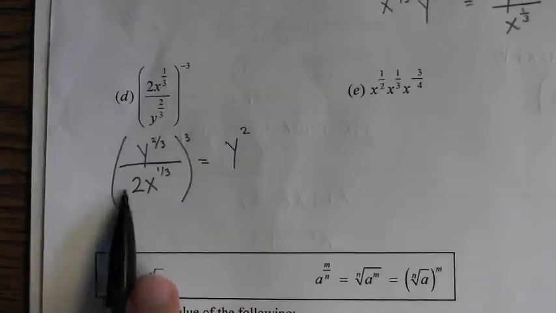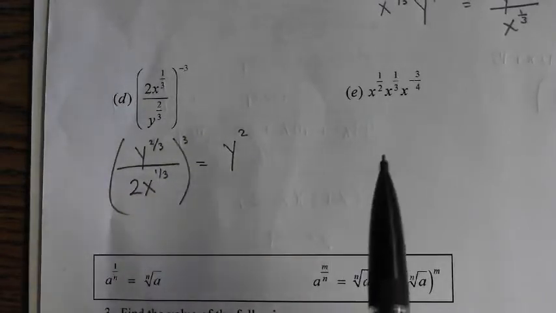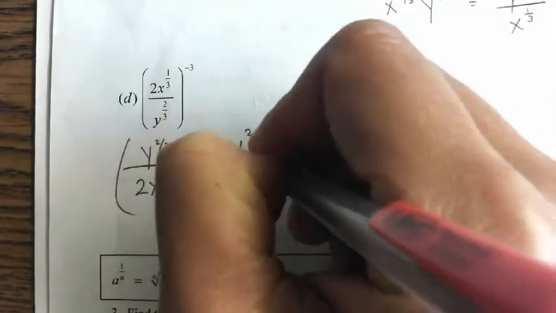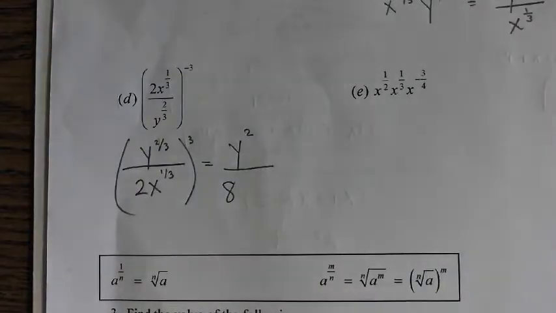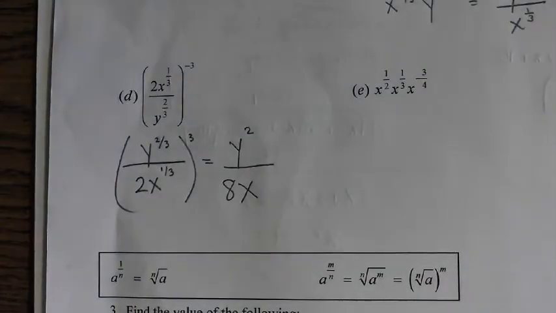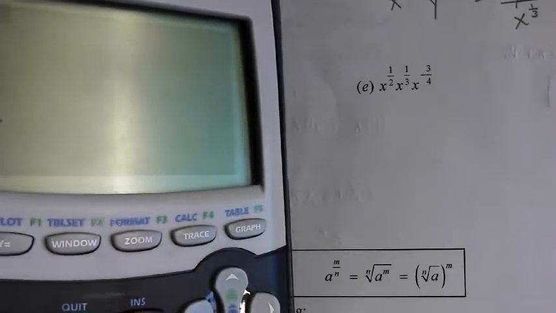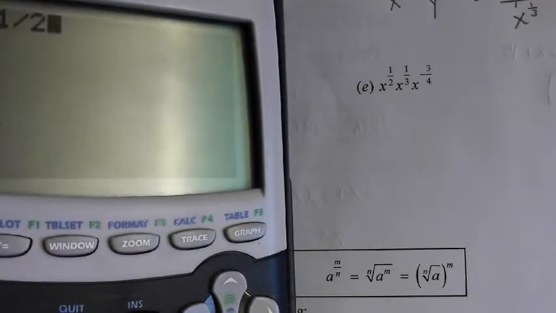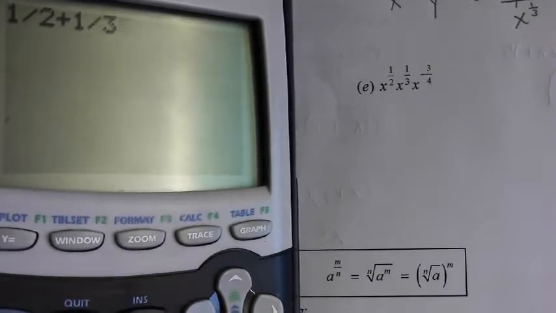A base of 2 to the 3rd power is going to be 8. And again, x to the 1/3 to the 3rd power, power to power, you multiply 1/3 times 3, which is just 1, so we can just leave that as an x. E is just common bases, so we're just going to cheat with our calculator. 1/2 plus 1/3 plus 3/4.